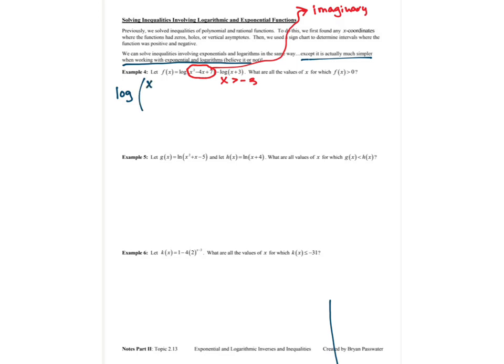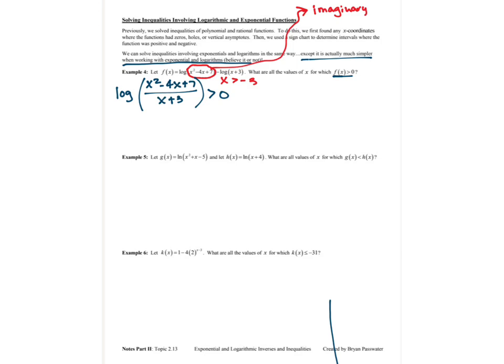Log of x squared minus 4x plus 7 divided by x plus 3. We are interested in all the values of x for which f of x is greater than 0. So we're setting that log greater than 0.